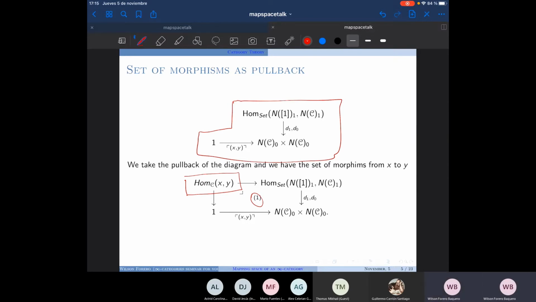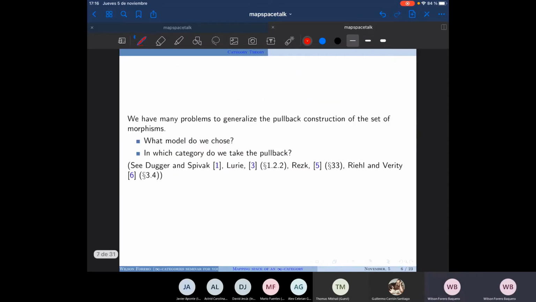Now we have some problems when we try to study the mapping space in an infinity way. Why? Because it's easy to take a pullback in the category of sets. But now the problem is how to construct a diagram that encodes the notion of relation between two objects in an infinity category.